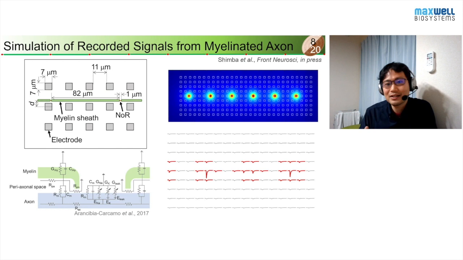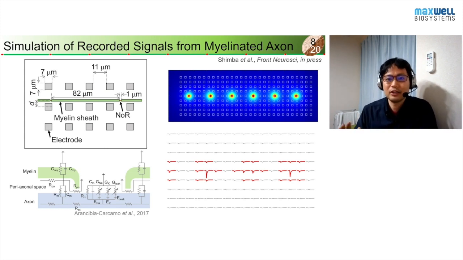Parameters of myelinated axons were determined from results of immunostaining and electron microscope observations, and extracellular potentials were calculated from a previously developed compartment model. The calculation results are shown on the right side when the distance between the electrode and axon is 5 micrometers.